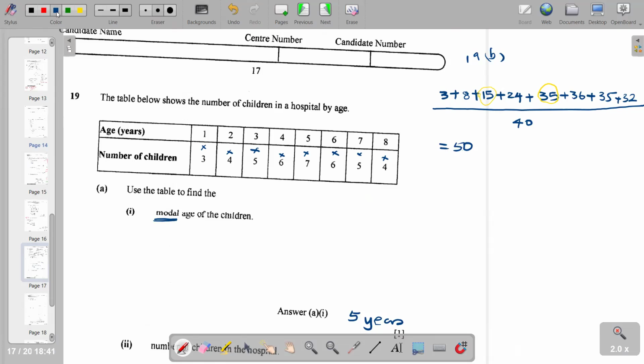Then let me try to combine other numbers. If I combine this 24 here and this 36 here, I'm going to get a 60.